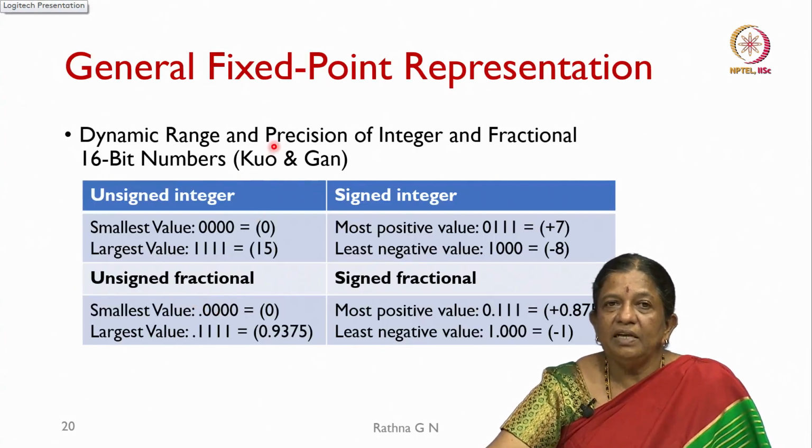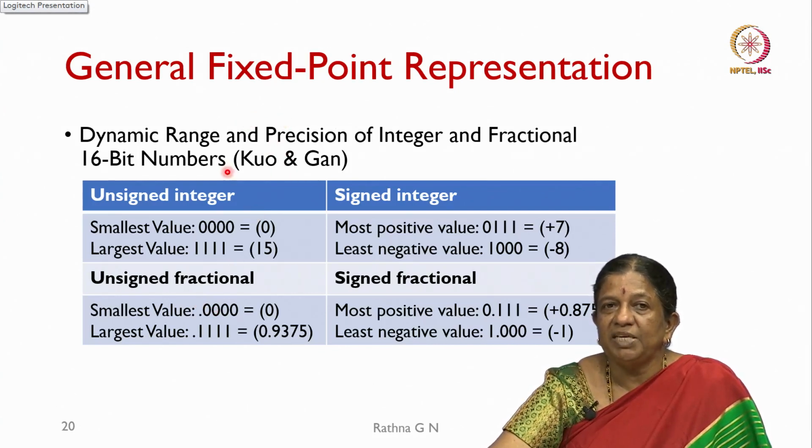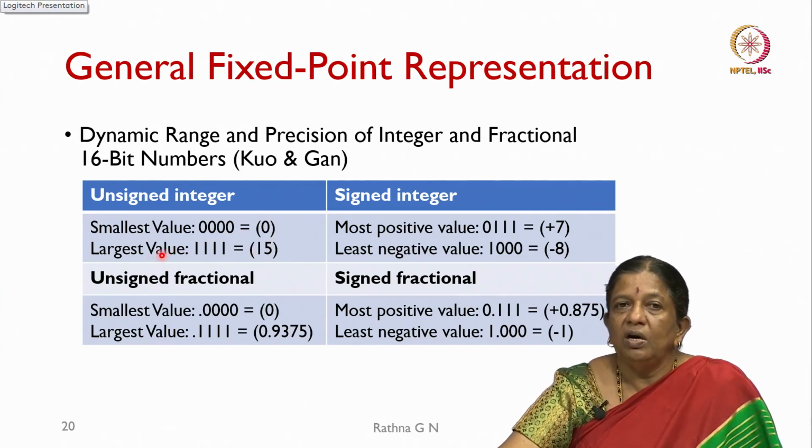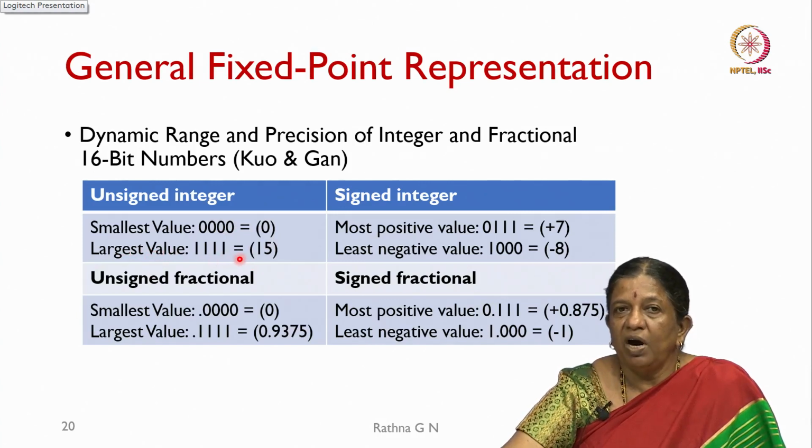Okay. So, we will see the general fixed point representation, which is given by Ko and Gan, for 16-bit numbers. If it is an unsigned integer, how is it represented in signed integer format? The smallest value for an unsigned integer is 0, and the largest value is 1111, which is 15. For an unsigned fractional number, the smallest is 0, and the largest value I can have is 1111, which is 0.9375.